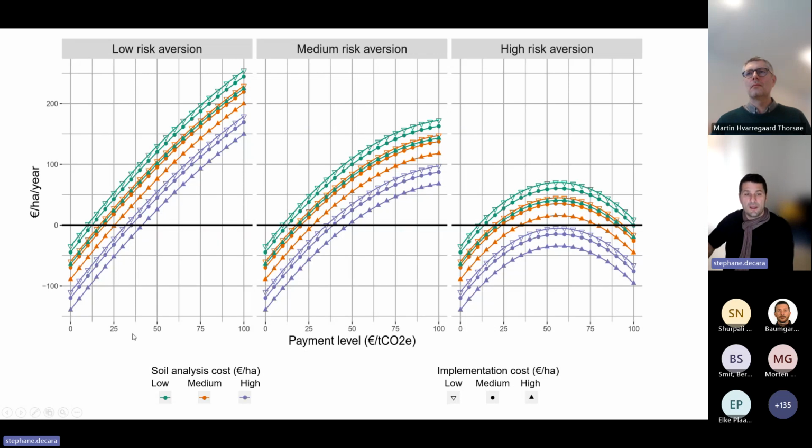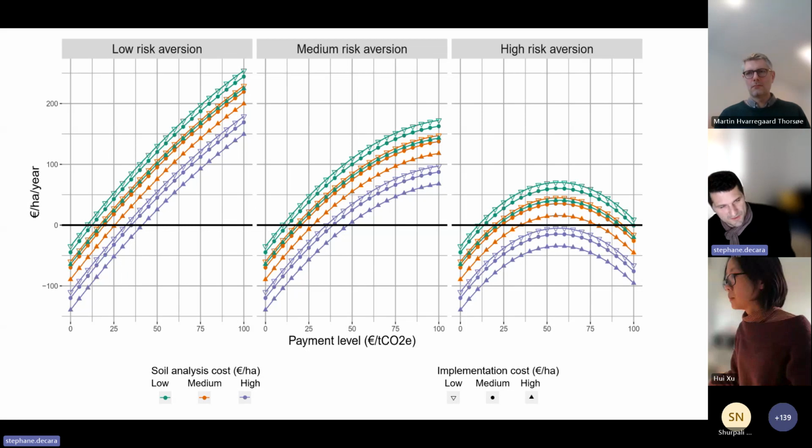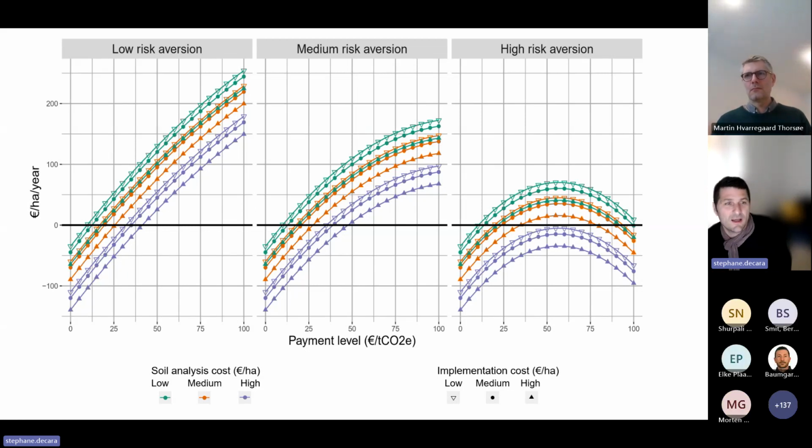And here on the x-axis for each chart, you see the level of the payment in euro per ton of CO2 equivalent. And zero is actually the income that you get with certainty if you do not adopt the practice, or if you do not adopt the scheme at all.